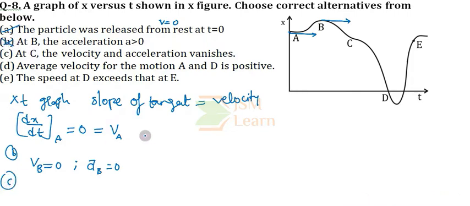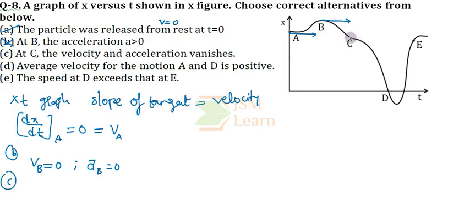Option C says that at point C, the velocity and acceleration both vanish. So firstly, try to observe the graph. Here we can observe that from B to C, the graph is decreasing, but at point C, you can see that the graph becomes slightly horizontal.